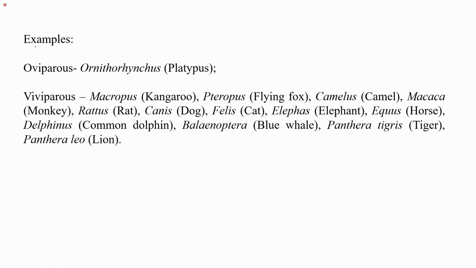Now, there are certain examples of mammals. The one that is oviparous is Ornithorhynchus, the platypus, which is the egg-laying mammal. This may be asked, but it is an exception. Usually mammals are viviparous.